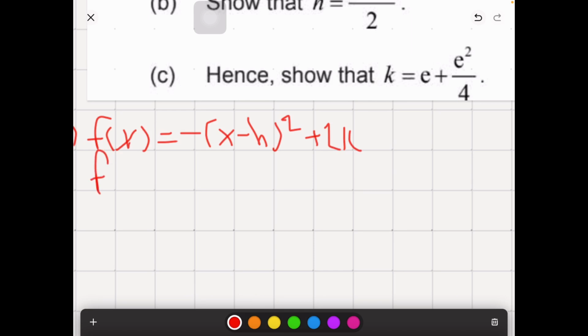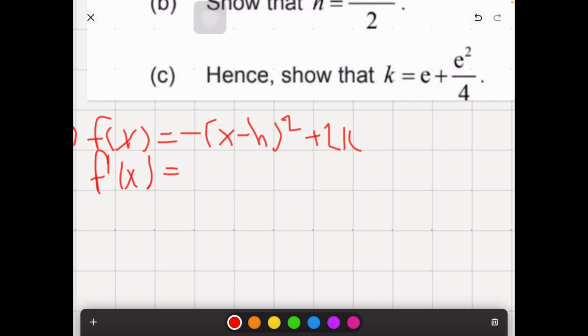So f primed of x is equal to, here there's the implicit chain rule because of the (x minus h) squared, but here we're going to use the power rule.